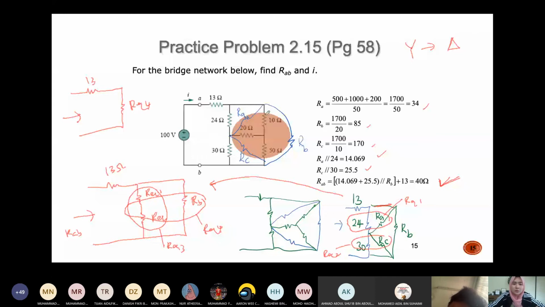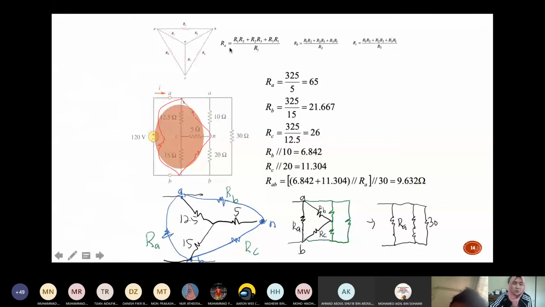You just need to know that if you want to determine RA, meaning a resistor over here, then you must divide with the resistor opposite to it.